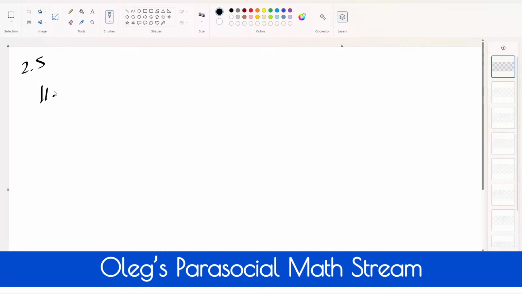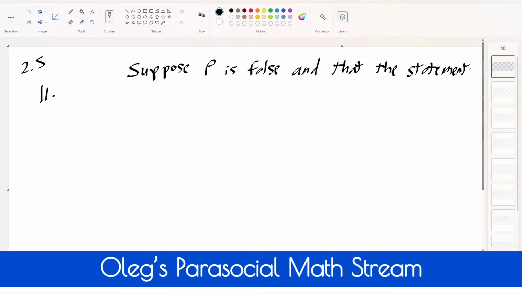Suppose P is false. Okay, so we're going to say suppose P is false and that the statement R implies S if and only if P or Q is true.